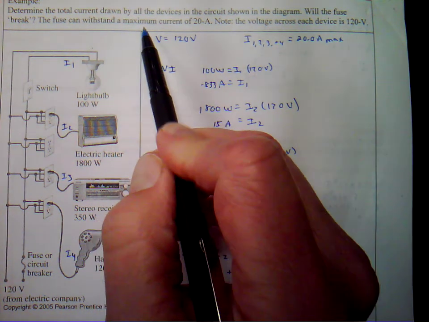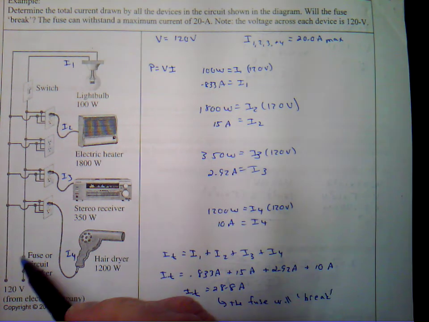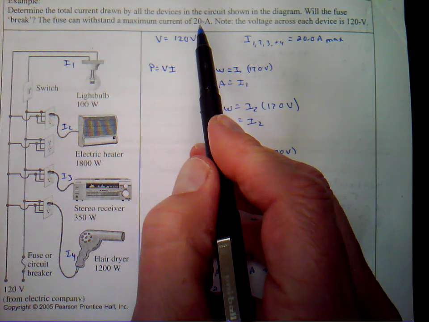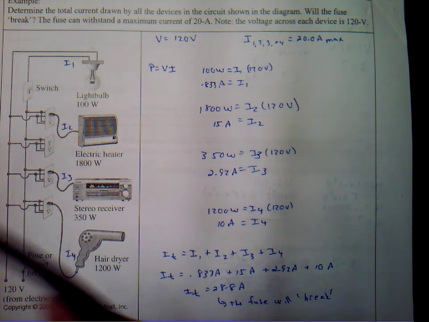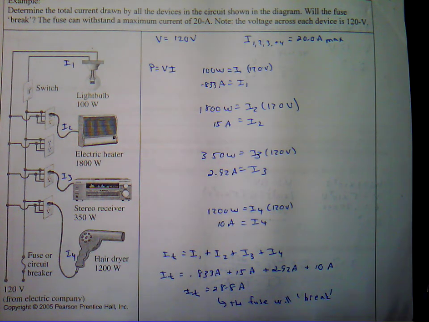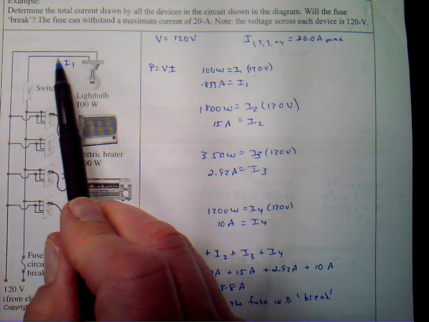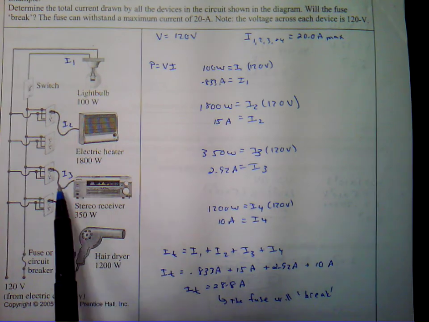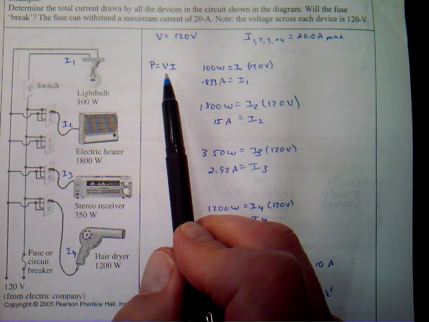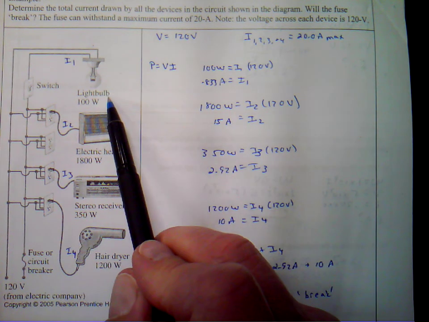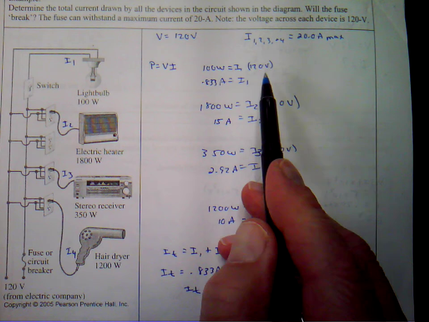It says the fuse, this is a circuit breaker or the fuse, can only withstand 20 amps. If it gets larger than that, the fuse will burn out or the breaker will switch off. So what we do, I'm going to call this current going through the light bulb I1, this current I2, this current I3, and this current I4. We know the power, the wattage, and we know the voltage, 120 volts.